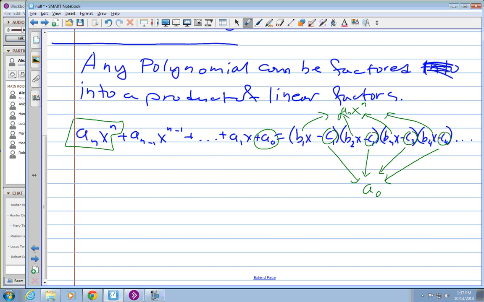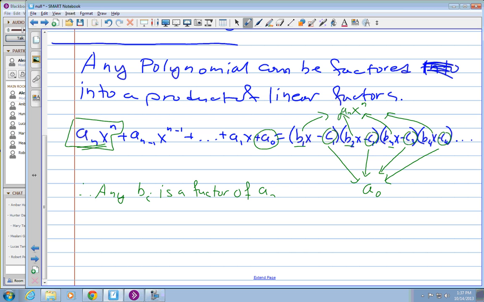Okay? Do you agree with that? Therefore, I can say that any of those b's, so any b sub i, is a factor of a sub n. Each of those b's has to divide a sub n if the product of them equals a sub n, right?